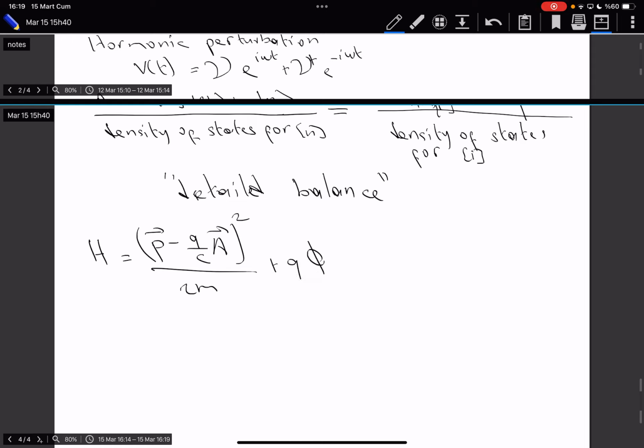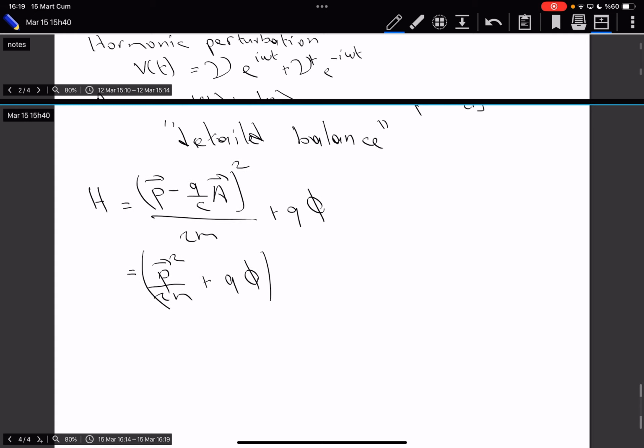So that's this one. So we can just open it up. This, if you like the electrostatic potential, you can take just like the Coulomb potential if you want, time-independent Coulomb potential, and then you just have an electron in an atom. This is our unperturbed state.